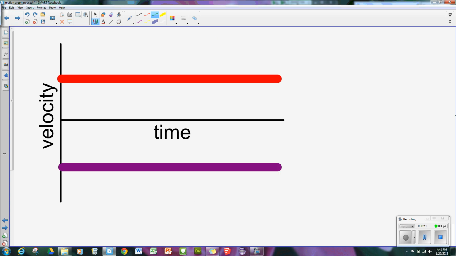And if we look at the top one, this is above the x-axis. Here's our 0 on the y-axis here. It's above the x-axis, so this is a constant positive velocity.